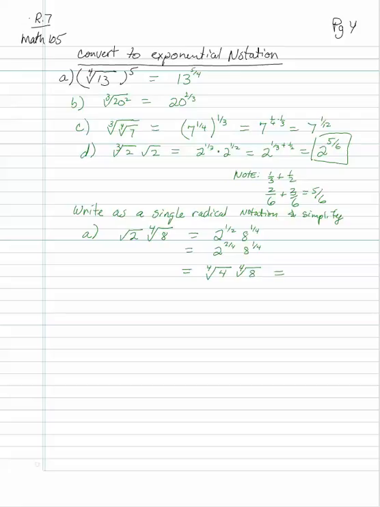I guess I shouldn't have skipped that step, right? So it's the fourth root of 2 squared. It's the fourth root of 8. So the fourth root of 2 squared is 4. Fourth root of 4. Now, since we have common indices, they're both fourth root, I can multiply the numbers inside, which gets me the fourth root of 32.